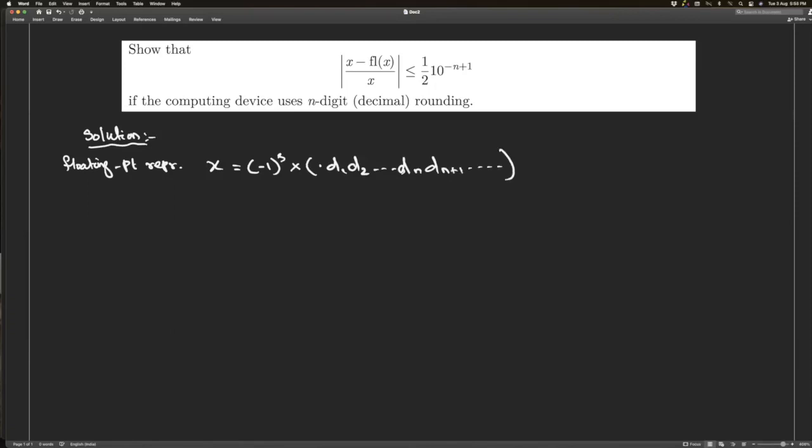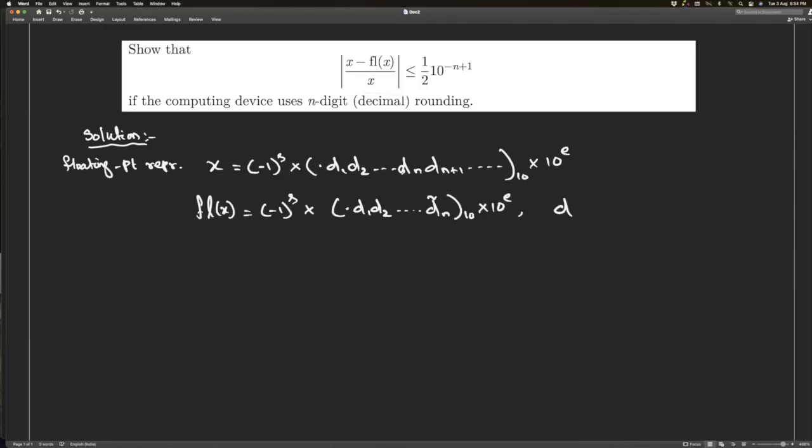It goes on like this, into 10 to the power of e. Why 10? Because we are working with decimal. Now, FL of x is given by minus 1 to the power of s into point d1, d2 up to dn tilde, into 10 to the power of e.